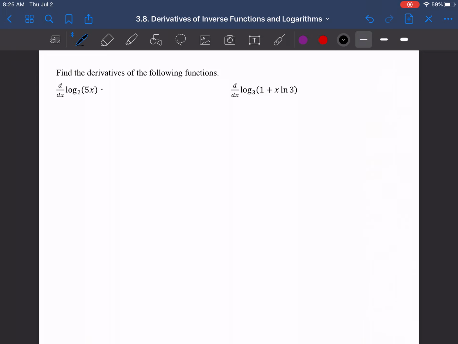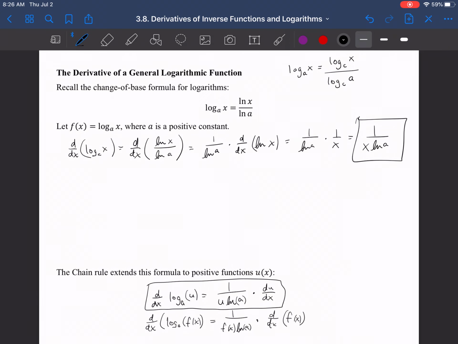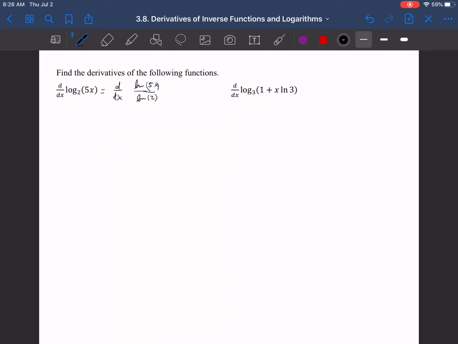So this is the derivative of the natural log of 5x over the natural log of 2. As long as you remember to do this change of base, you don't really have to memorize this formula. I'm very big on that: memorize as little as you have to and really try to understand. If you already have to know how to do a change of base, then you might as well use it.